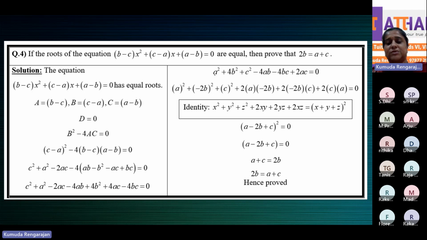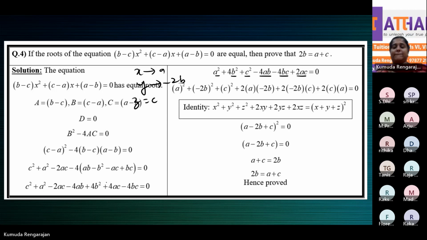So clearly this expression is of that form, where x is a, y is minus 2b, and z is c. So what's the answer? x plus y plus z the whole square. x is a, plus y, but it's minus 2b, so minus 2b, plus z the whole square, is equal to 0.